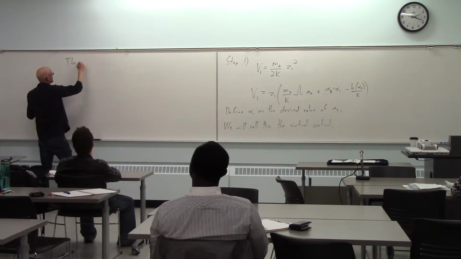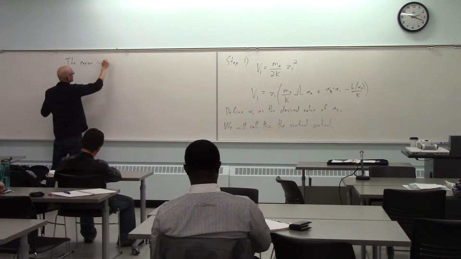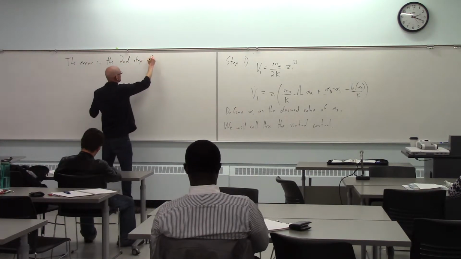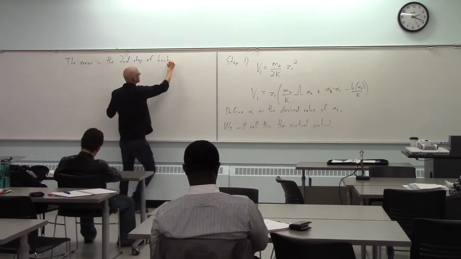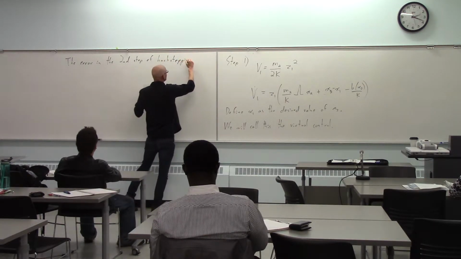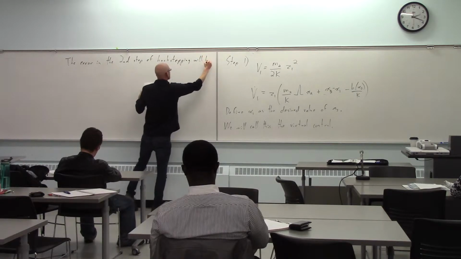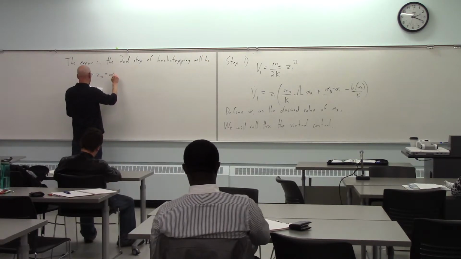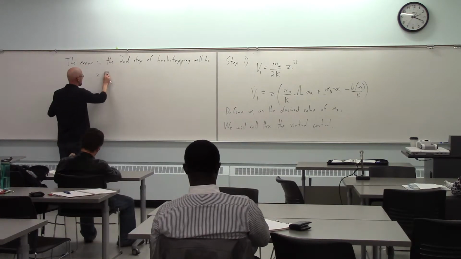So the error in the second step of backstepping will be Z2 equals x3 minus alpha 1.